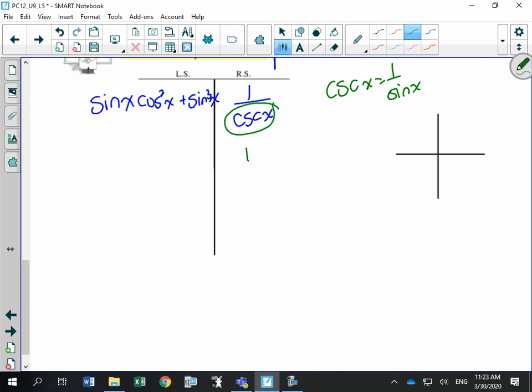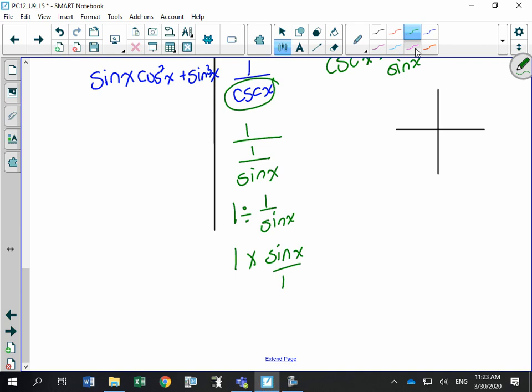So this becomes 1 over 1 divided by the sine of x. And 1 divided by 1 over the sine of x is the same thing as 1 times the sine of x over 1. So this entire identity simplifies to become the sine of x.